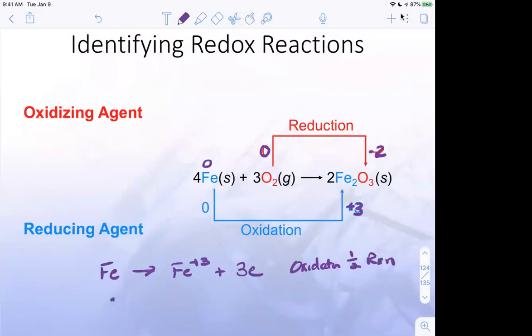And then O2 goes to 2 O -2. So I'm going to add electrons in order to do that. And what I'm going to see is this is the reduction half reaction.